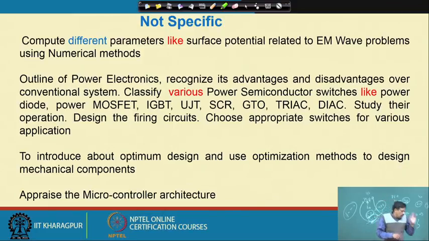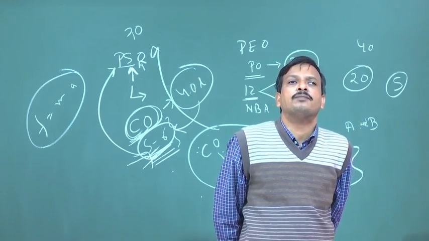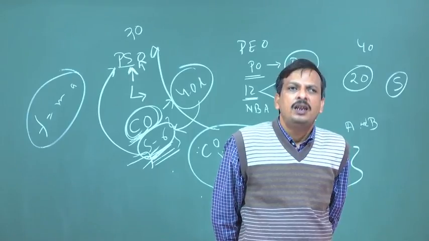So, in outcome based education, like another example, not achievable: determine the dynamic force in engineering mechanism, or design an aeroplane, design a ship. Design an AC machine is achievable.